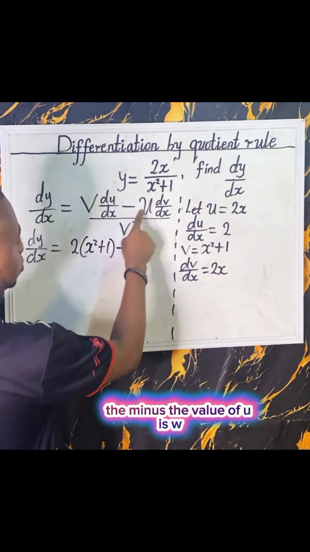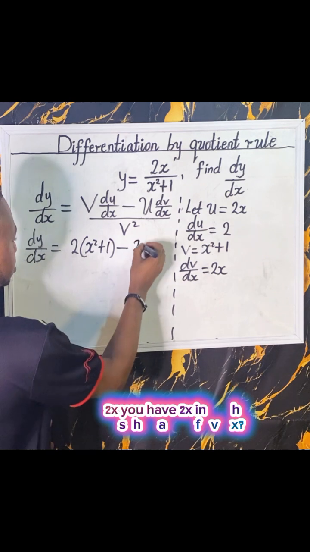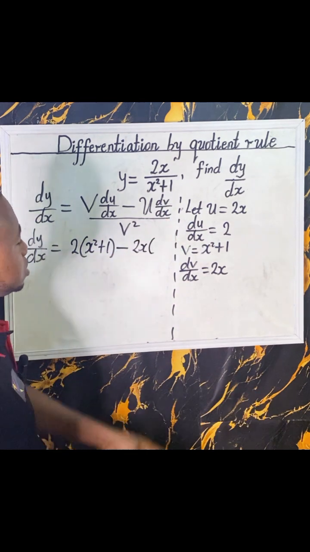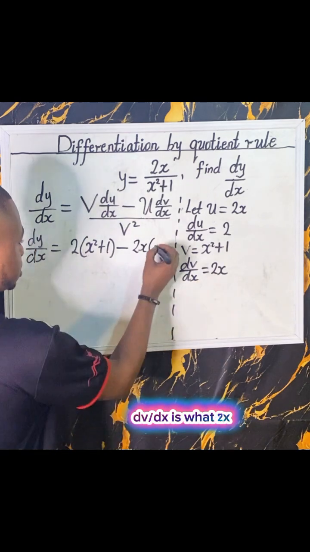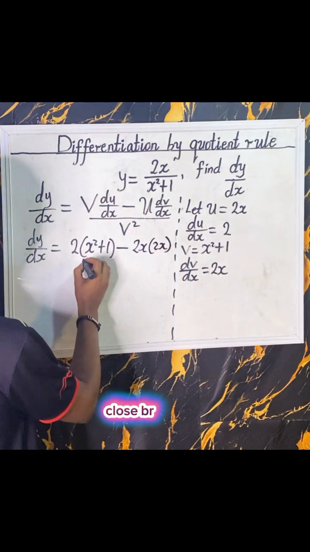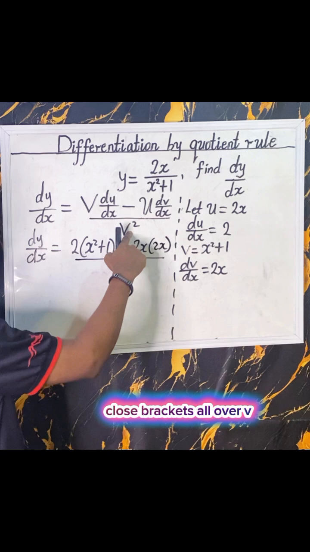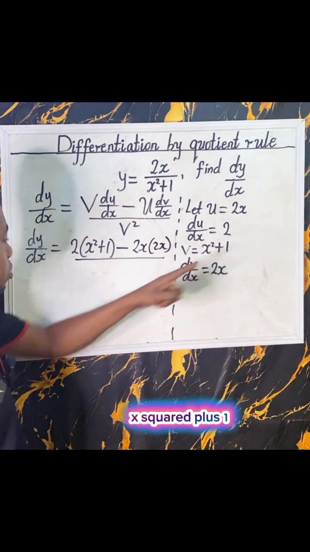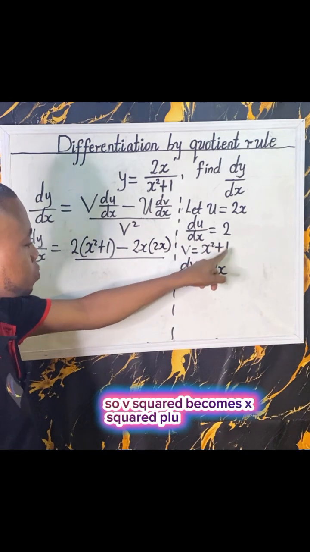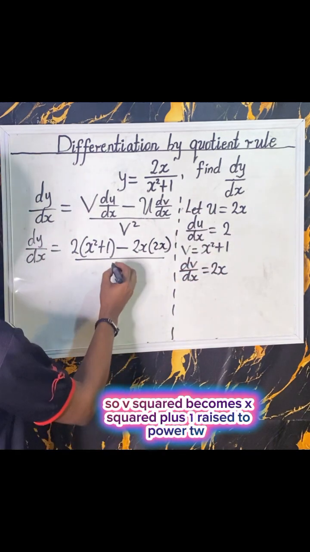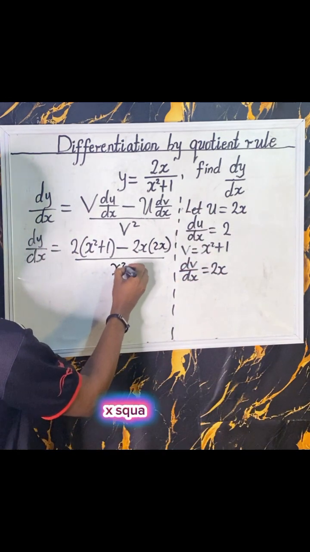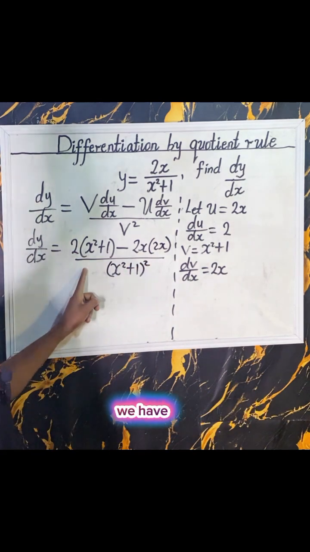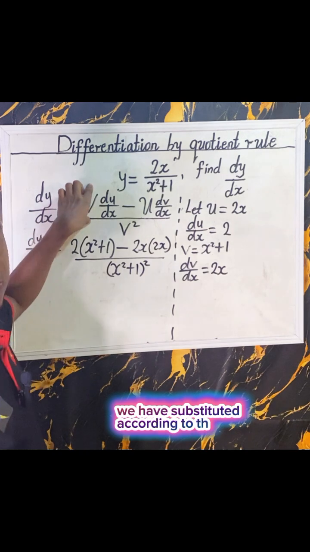The value of u is 2x. You have 2x into, what is the value of dv over dx? 2x, close bracket, all over v squared. What is the value of v? x squared plus 1. So v squared becomes x squared plus 1 raised to power 2. We have substituted according to the rule.